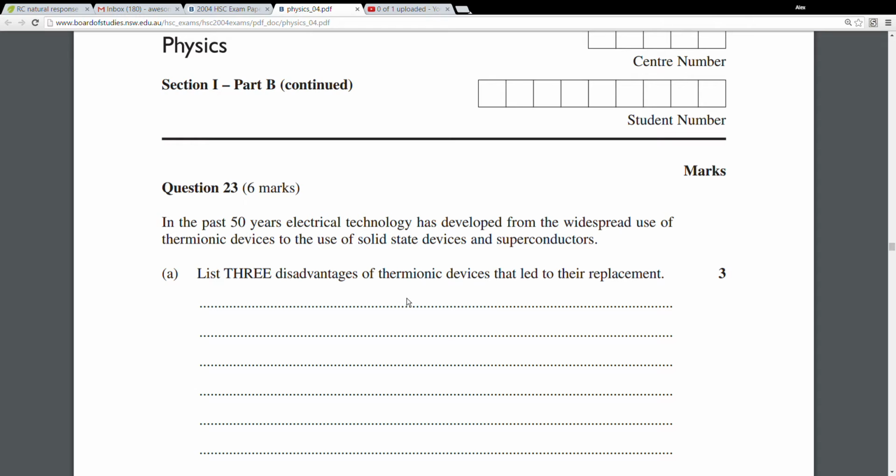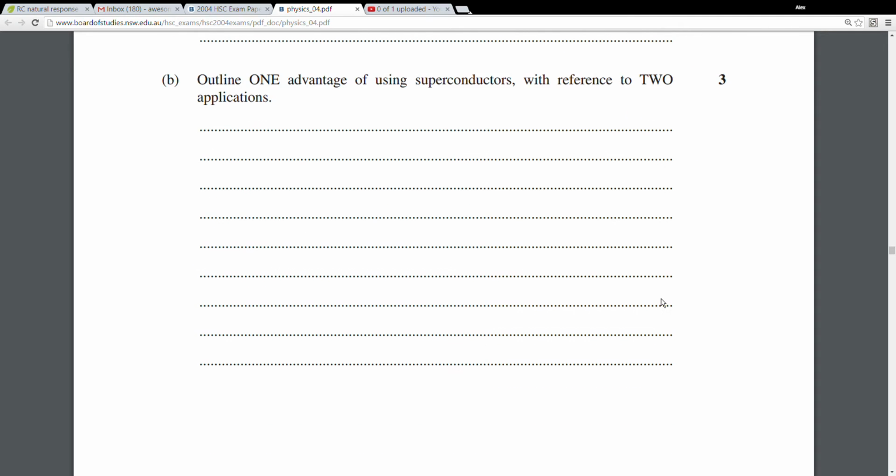So one disadvantage is you had to generate heat, which took time, and it was inefficient. They also had to be in a vacuum tube made of glass. Glass was fragile, they were large and bulky, and because it was a vacuum tube, it was more fragile than usual. So basically just list disadvantages, and then it got replaced.